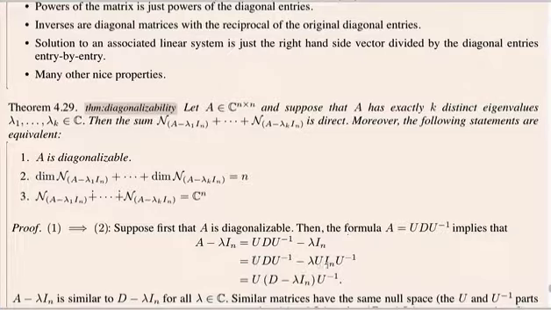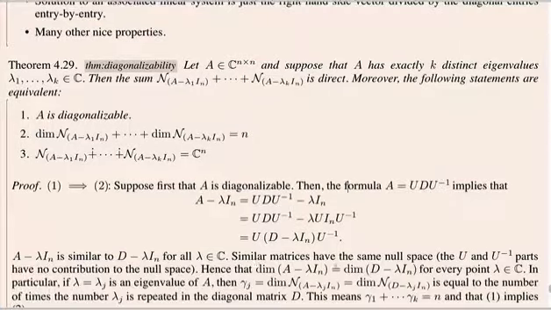Once we have this difference, we can move the lambda to the right-hand side of U, since it's a scalar, and then we can factor out U on the left and U inverse on the right. So we have that A minus lambda I_n equals U times (D minus lambda I_n) times U inverse, which means A minus lambda I_n is similar to D minus lambda I_n for all lambda complex numbers.